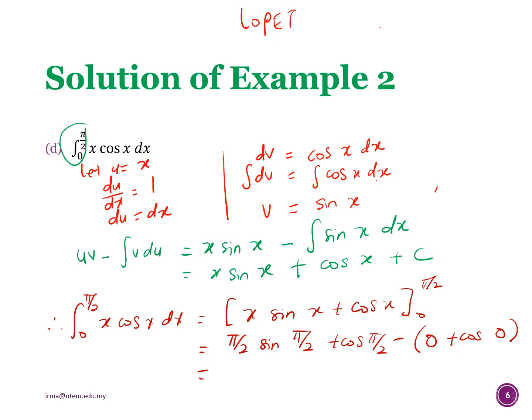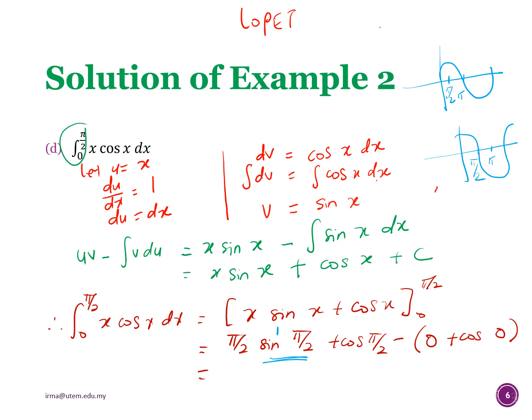Okay, sine pi over 2. Since we have sine and cos, I just draw the graph of sine and cos. So this is pi, over here is pi over 2. So sine pi over 2, you will get 1. But for cos, start from 1. So this is pi, so this is pi over 2.